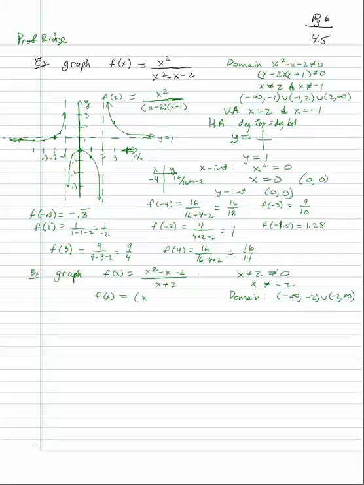Factors of 2. Let's subtract the 1. Okay, nothing cancels. So our vertical asymptote is x equals negative 2. Let's draw that. Okay, so x equals negative 2.